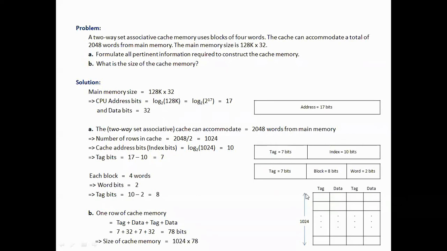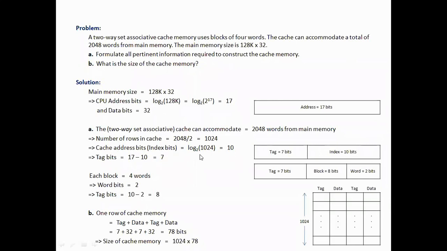Now, since the number of rows in this cache memory is 1024, what will be the size of the index, or the address of this cache? The address of this cache, which we also call the index, will obviously be log of 1024, which is 10.